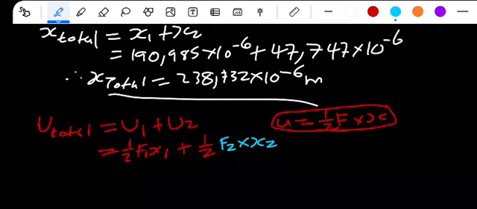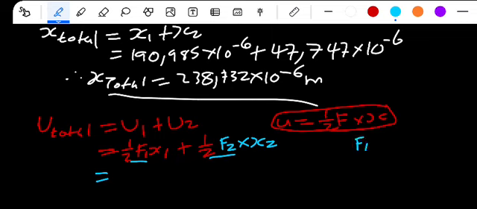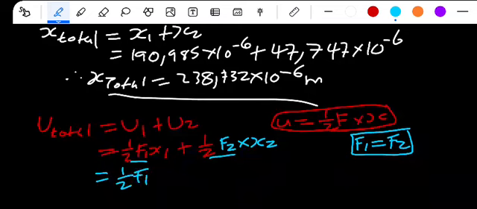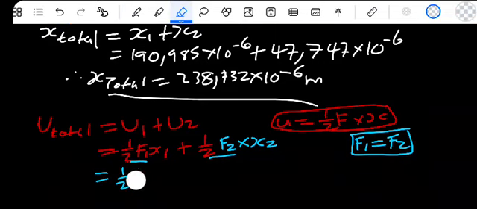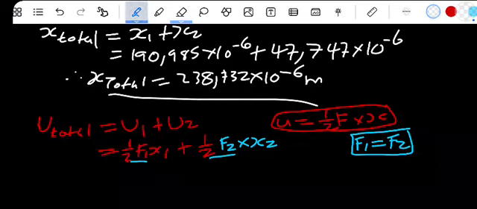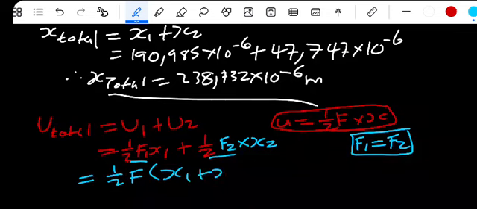Remember the force will be the same, F1 is the same as F2 because it's in series, so you can just call it F and take it as a common factor. I'll be left with x1 plus x2.